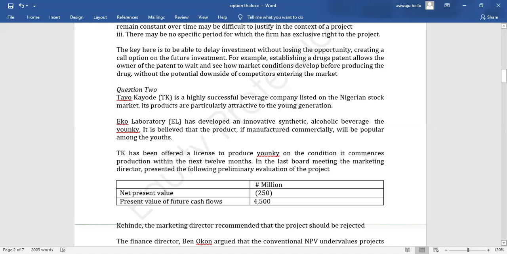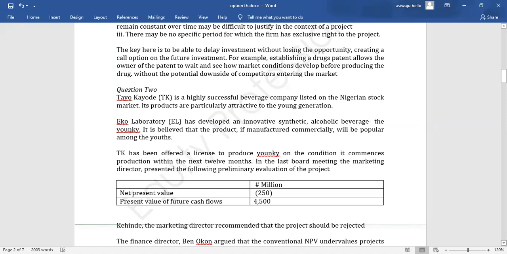Its products are particularly attractive to the young generation. A collaboratory has developed an innovative synthetic alcoholic beverage, the Yonki. It is believed that the product, if manufactured commercially, will be popular among the youths.